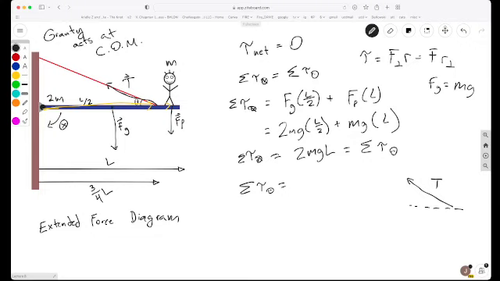So writing T like this is just the same as writing the magnitude of that tension vector, because this is the hypotenuse. So here's our tension, and then it has two components, an x component and a y component.